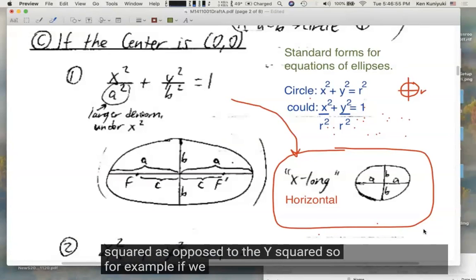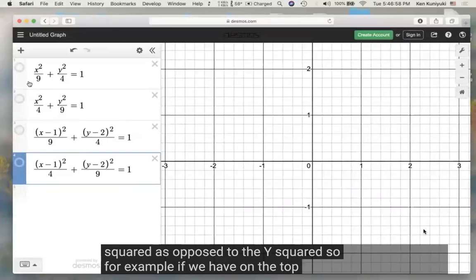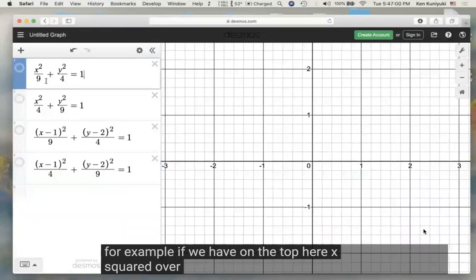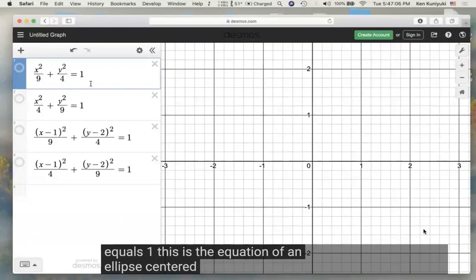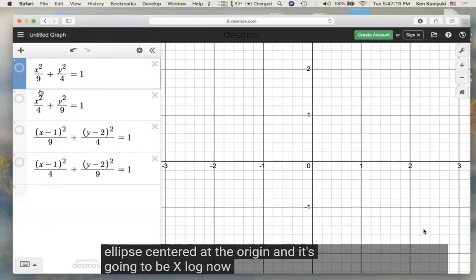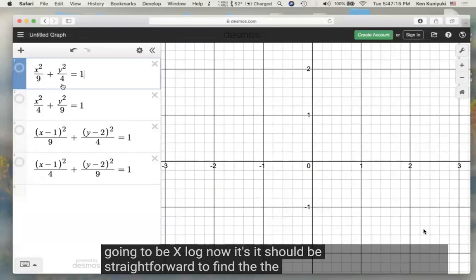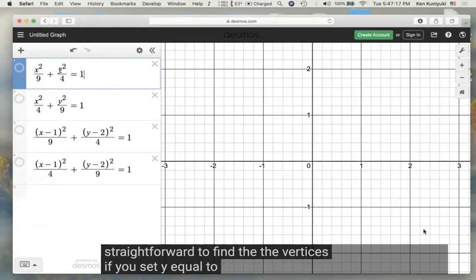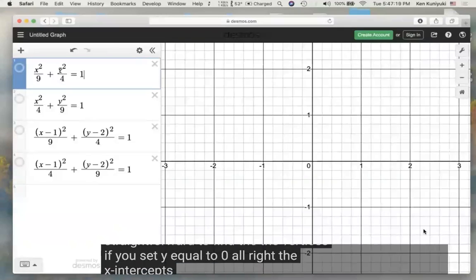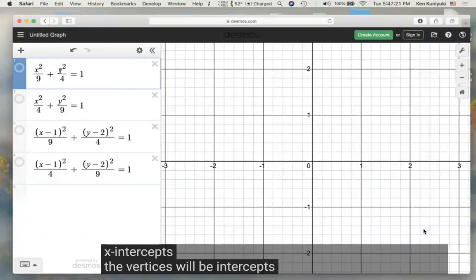So, for example, if we have on the top here x squared over 9 plus y squared over 4 equals 1, this is the equation of an ellipse centered at the origin, and it's going to be x long. Now, it should be straightforward to find the vertices if you set y equal to 0. The x-intercepts, the vertices, will be intercepts here.